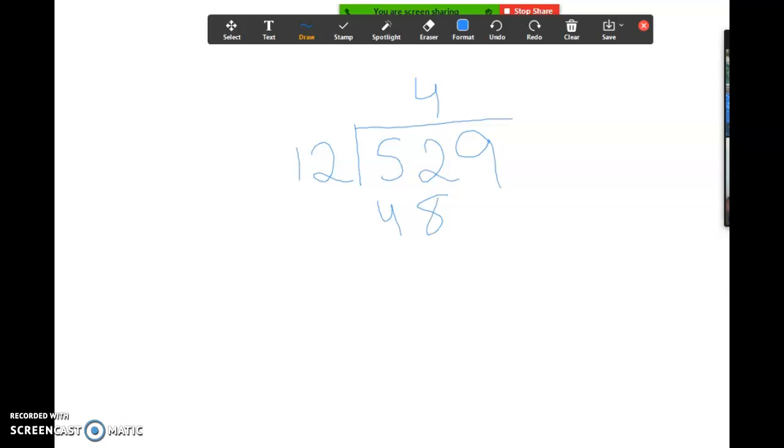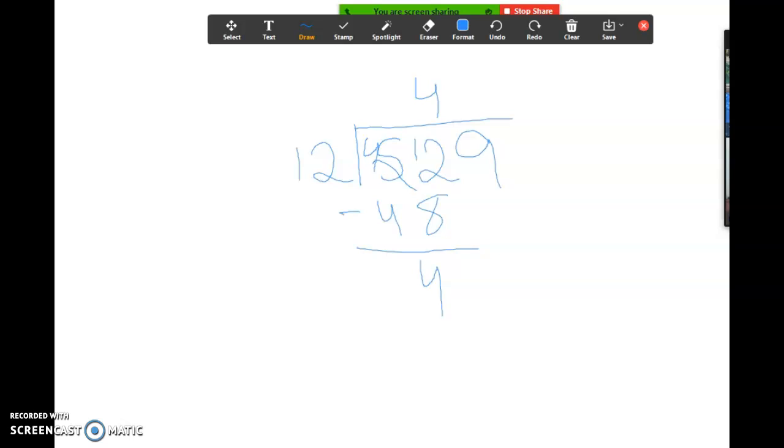Then I subtracted, and I had to take away, because you can't subtract 8, I had to borrow from the 5. Then we have 12, and then I did 12 minus 8, which gave me 4.